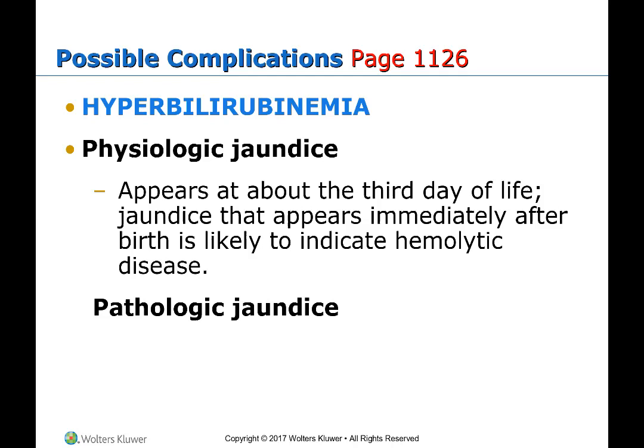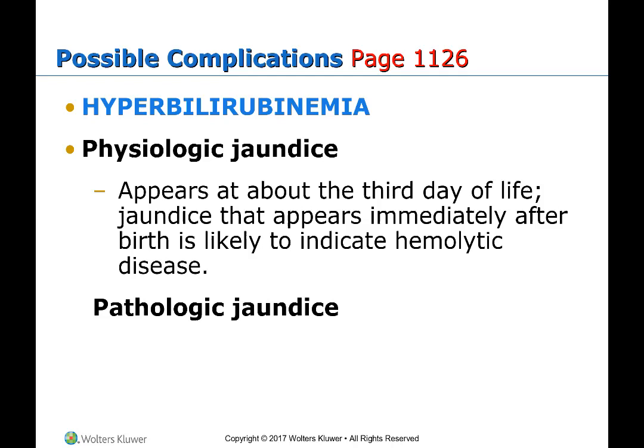So when you see physiologic, that really means physical jaundice. But they call it physiologic because it's a better word. But physical jaundice, it says it appears about the third day of life. So baby is what? 3 days old.